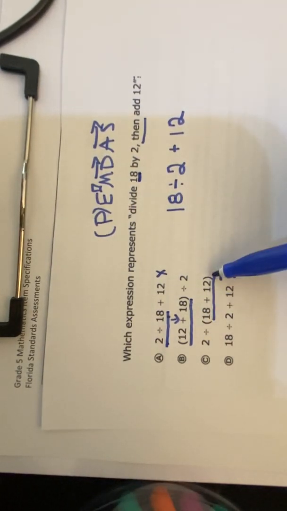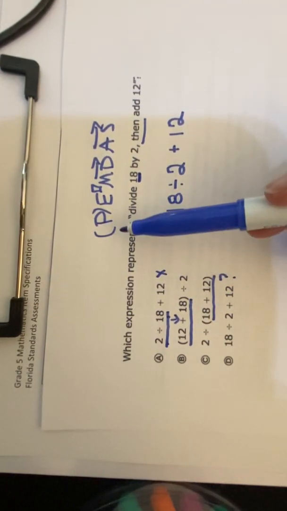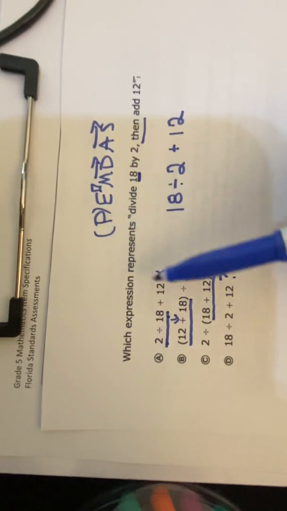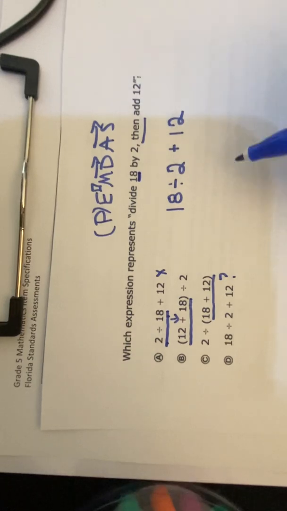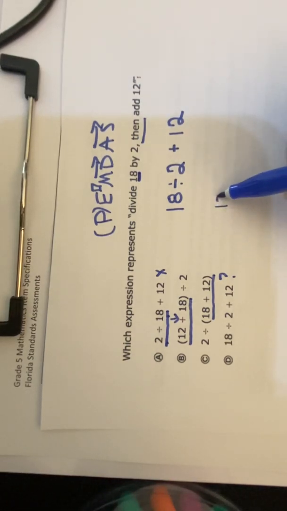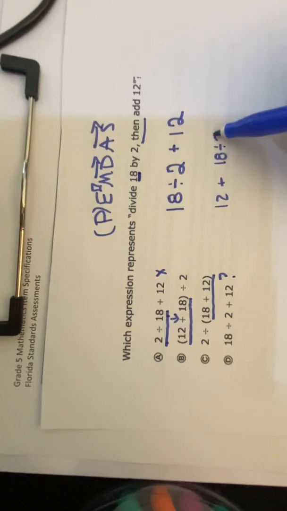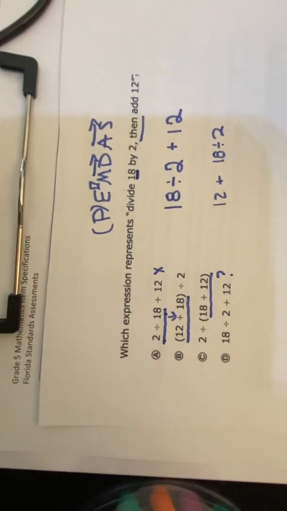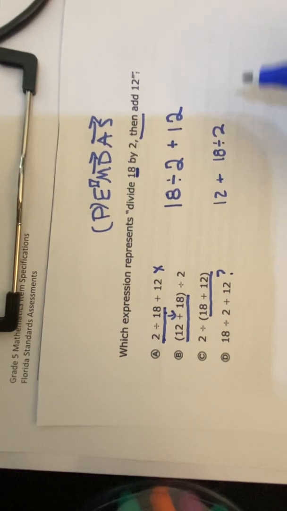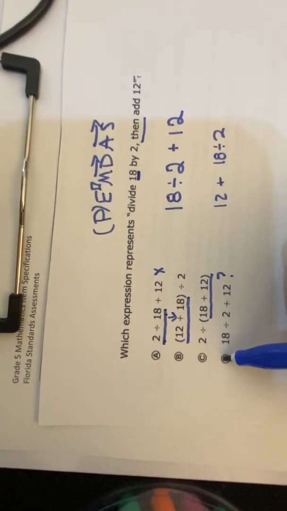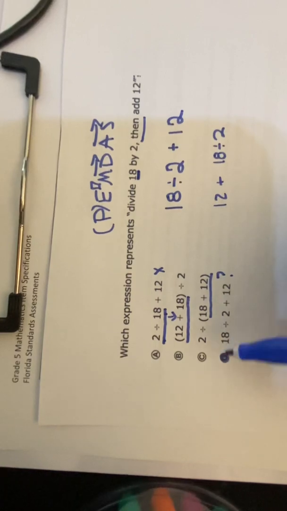And that would have occurred first, based on PEMDAS. Luckily for me, I had already written down the exact expression. I could have also done 12 plus 18 divided by 2, and that would have also been correct, because based on PEMDAS, 18 divided by 2 would still occur first. So D would be the correct answer.